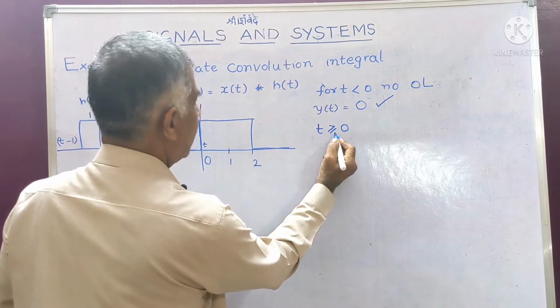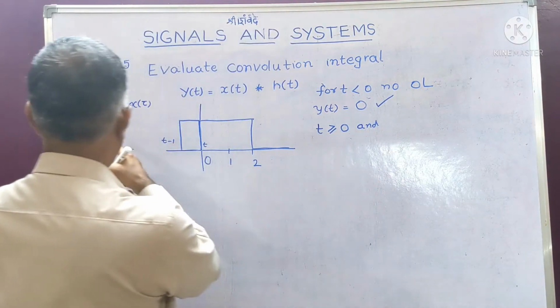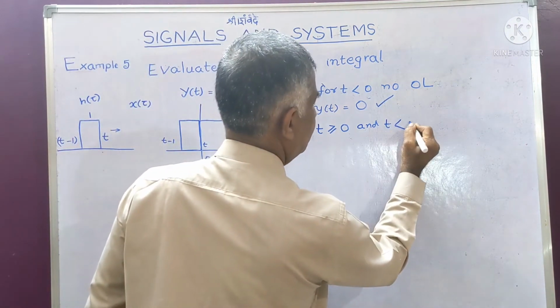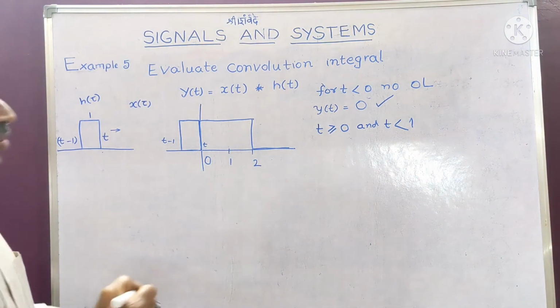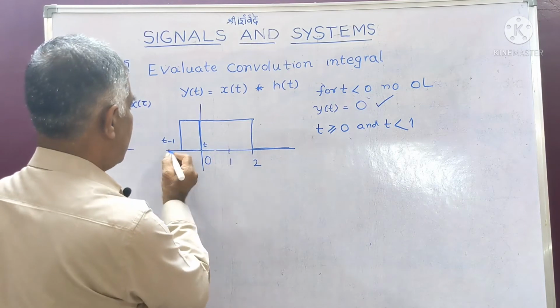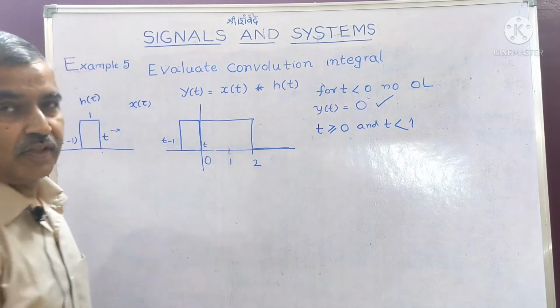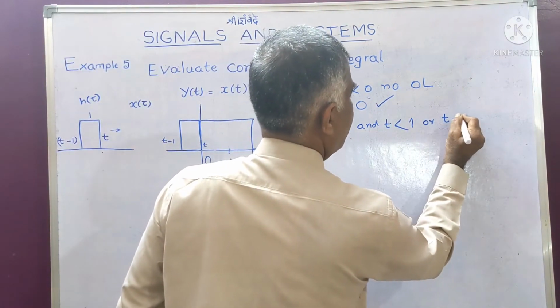That means t greater than or equal to 0 and t edge less than 1. Or you can also take, by the time this edge comes here, the t minus 1 edge occupies this position. You can also take t minus 1 less than 0.